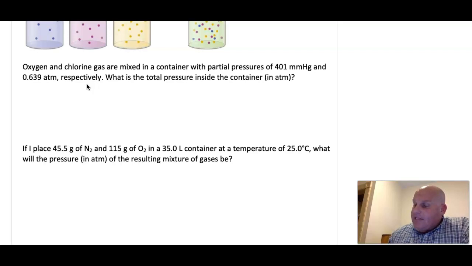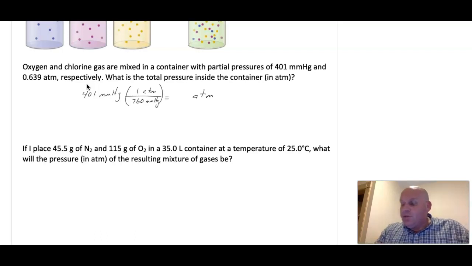Since the problem is asking to have it in atmospheres, I'm going to convert the millimeter of mercury value to atmospheres. If I go back to our standard pressure values and how all of our pressure units are equal, I would see that 1 atm is 760 millimeters of mercury. So I can pretty quickly convert millimeters of mercury to atm. We get 0.527 atm.